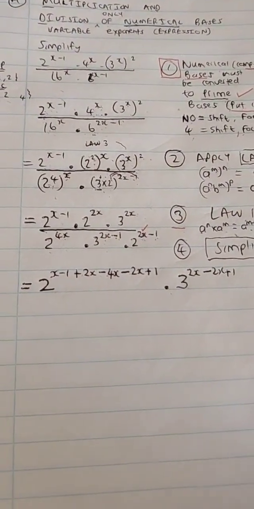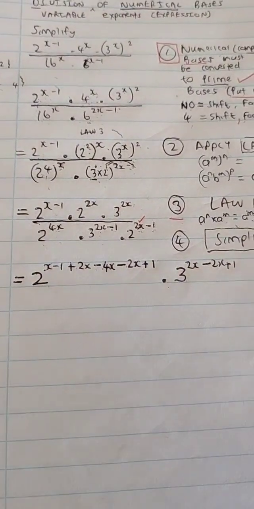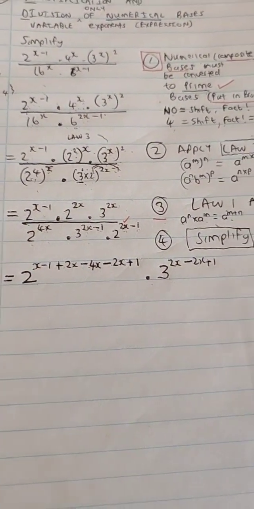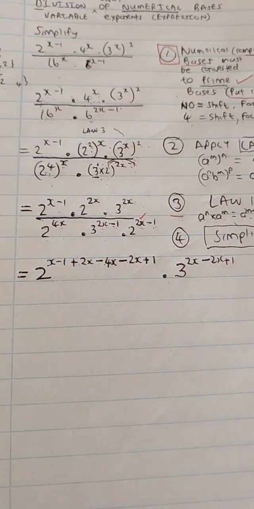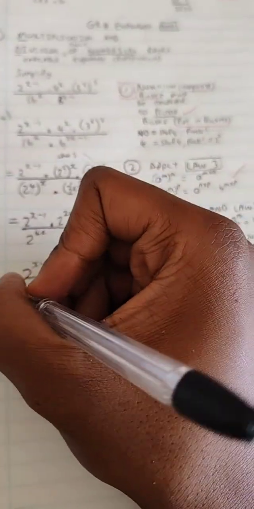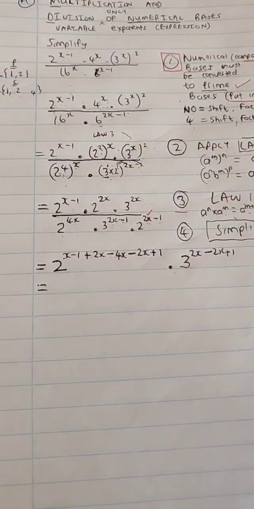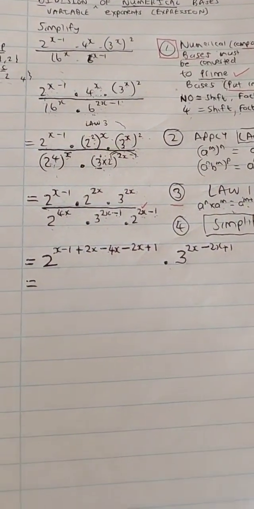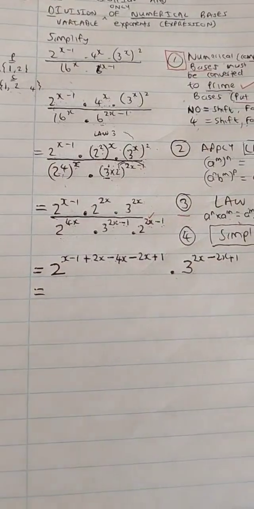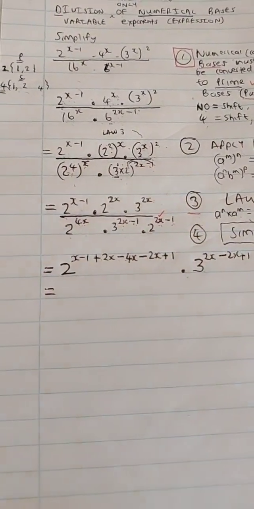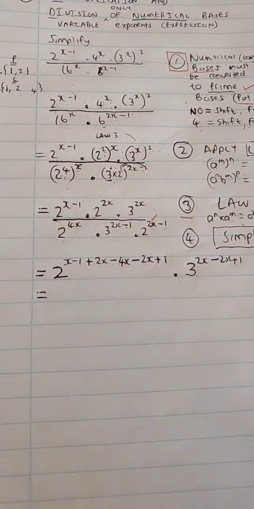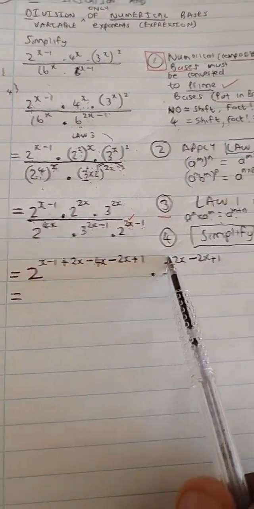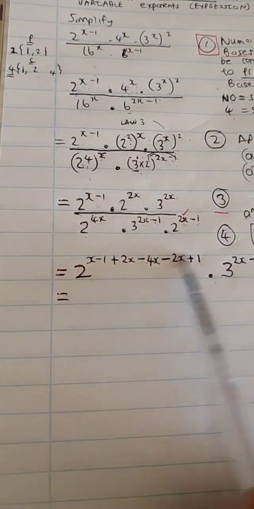You do what is comfortable or most efficient and effective for you. Then, yes, they will be allocated the same, because at the end of the day, you're still going to get the same marks. So if this is a 5-mark question, if you do it separately, it's going to be allocated the same. Now, all we do now is we add and subtract the like terms for our exponents. So now we just need to collect like terms.